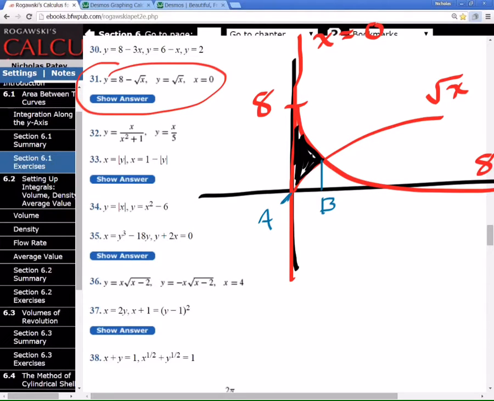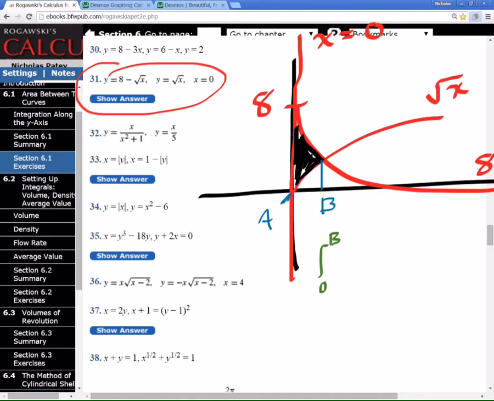If we were just finding the area of this top curve, it would be this area, right? If we just did from A to B, well, actually, that's 0. We don't know the B yet.